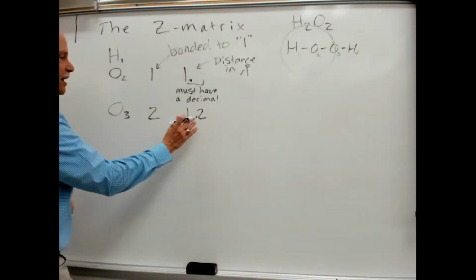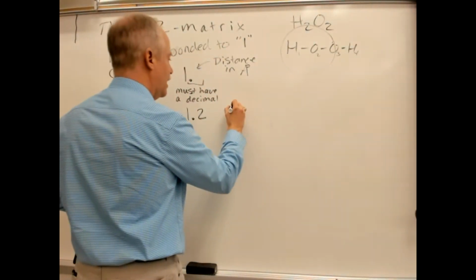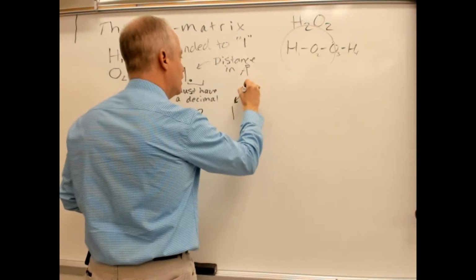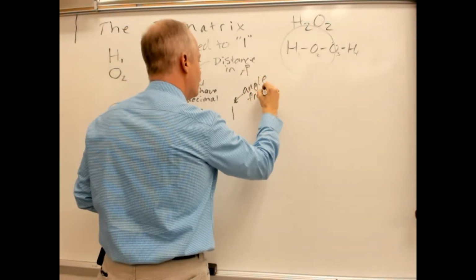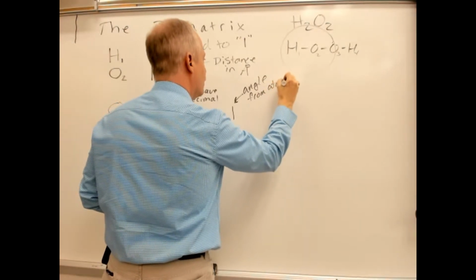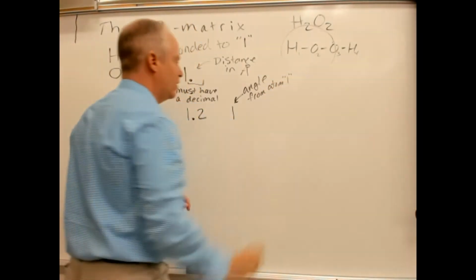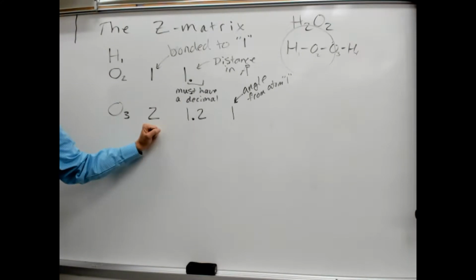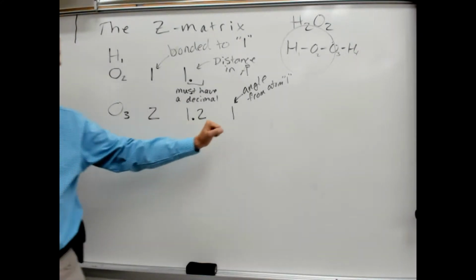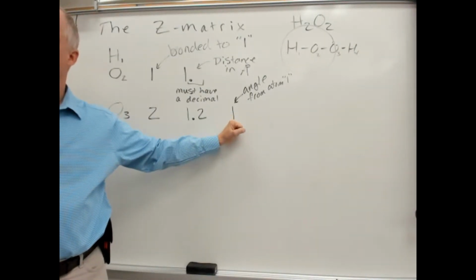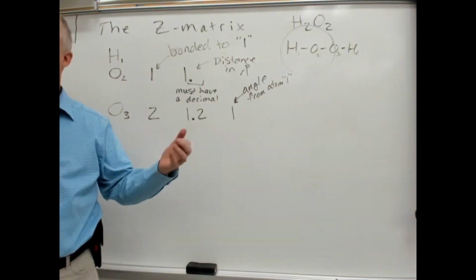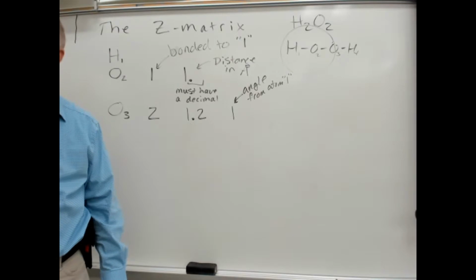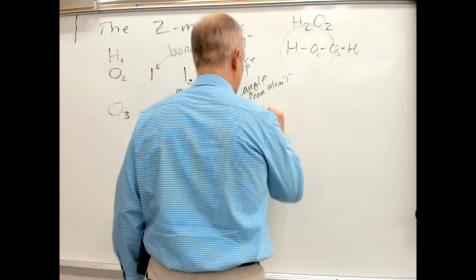So the next thing is the angle with atom 1. Bonded to atom 2 at a distance, angle with atom 1. I don't know, what do you want to pick? 109.5? We'll say that these oxygens are sp3 oxygens. So we'll say 109.